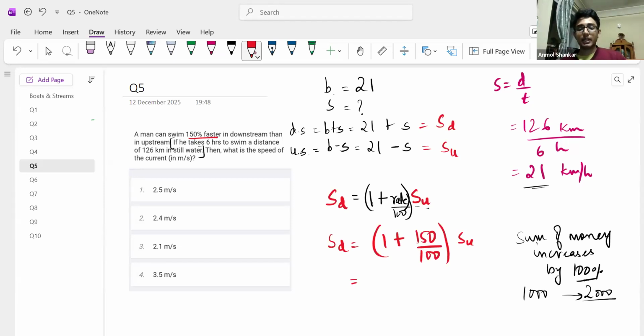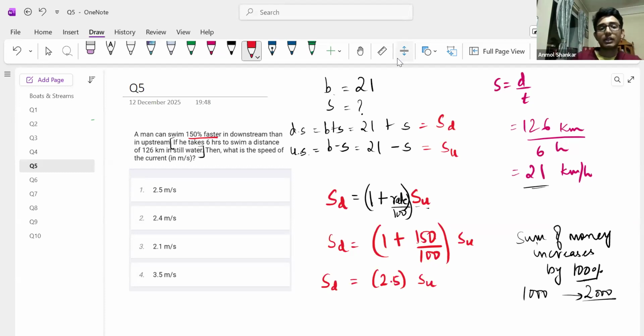What is 150 by 100? 3 by 2, right? Or 1.5. So just 1 plus 1.5, 2 and a half.